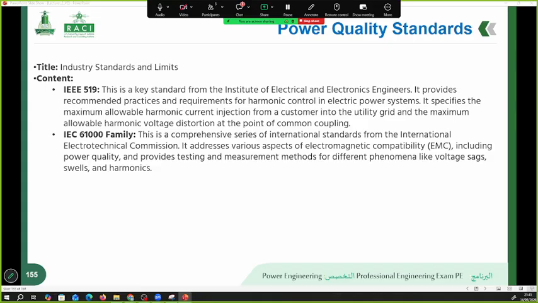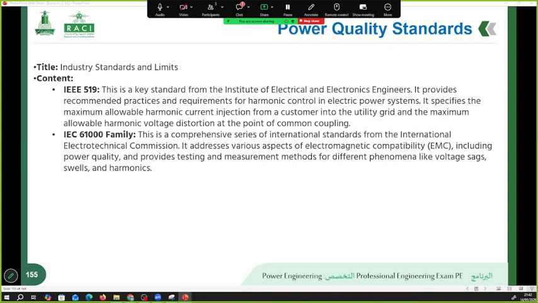IEEE 519 is the recommended practice and requirements for harmonic control in electric power systems. This standard, published by the IEEE, is a critical document for managing harmonic distortion. IEC 61000 is a comprehensive series of international standards from the International Electrotechnical Commission.